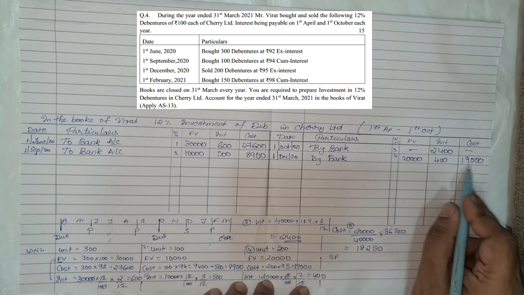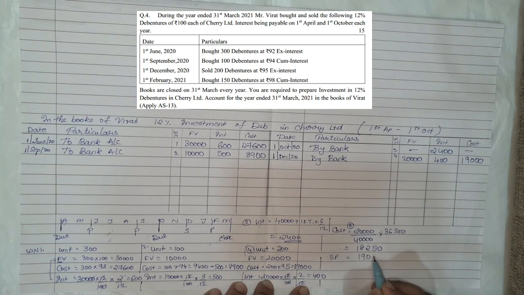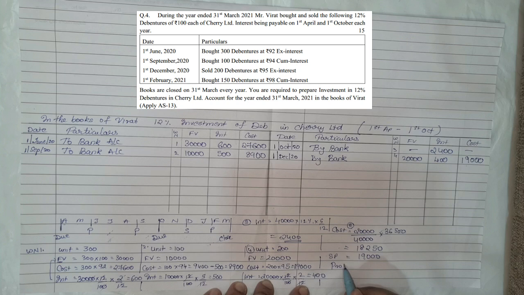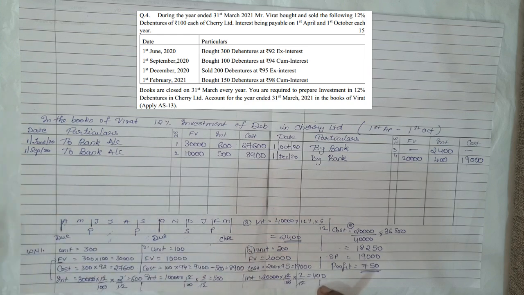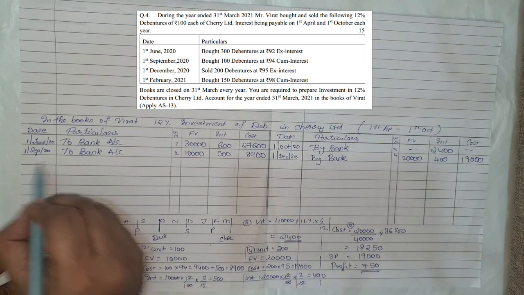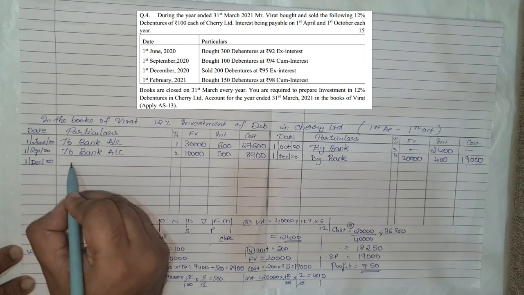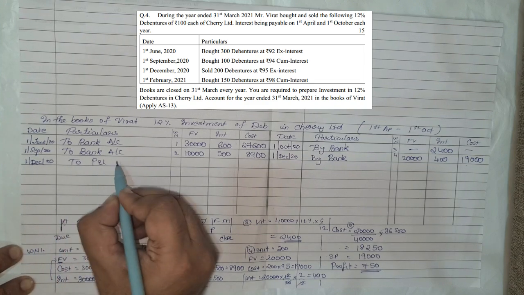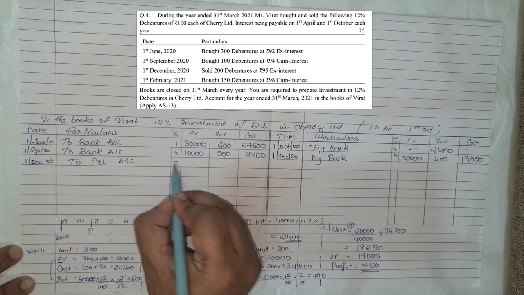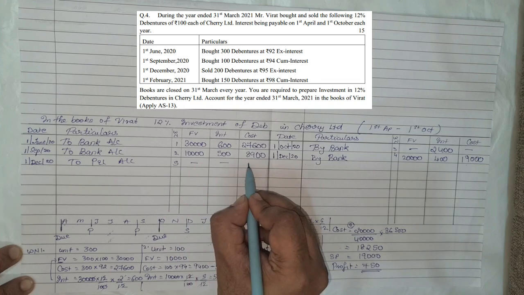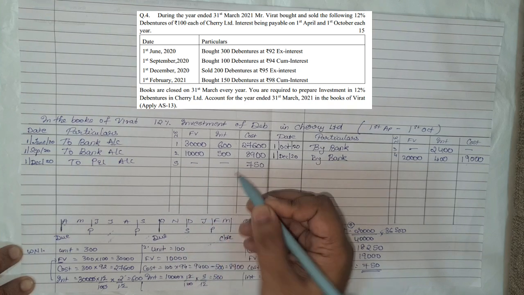We sold it for 19,000. If you sold it for 19,000, you're going to get a profit of 750. So now this we need to post it. Now if it is a profit, it will be on the credit side. So same date, 1 December 2020, to profit and loss account, working note number 5. In the last column, 750, that's a profit.